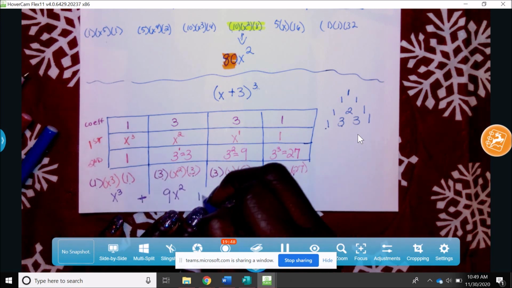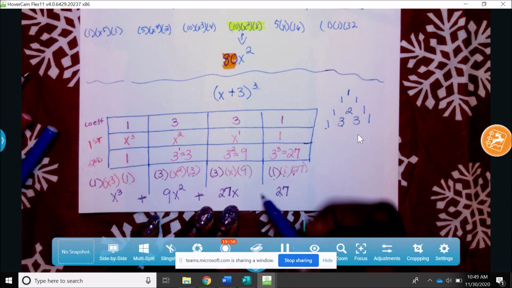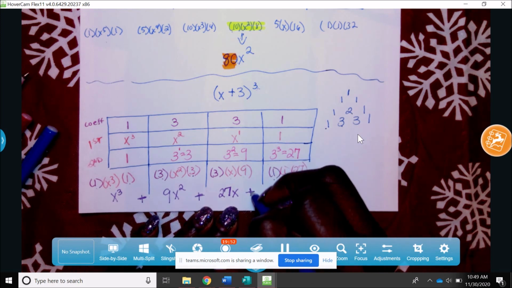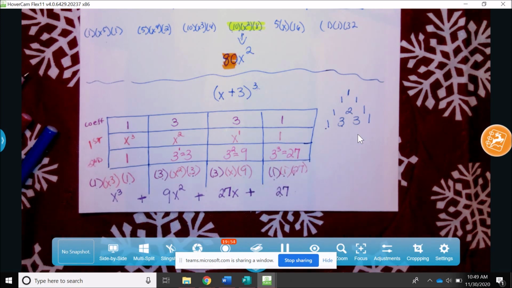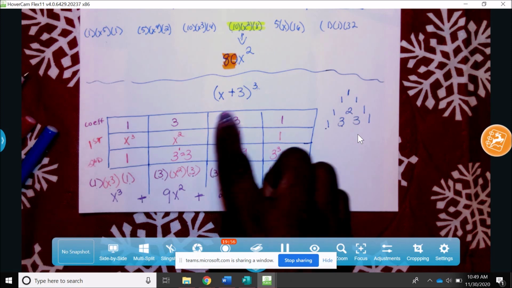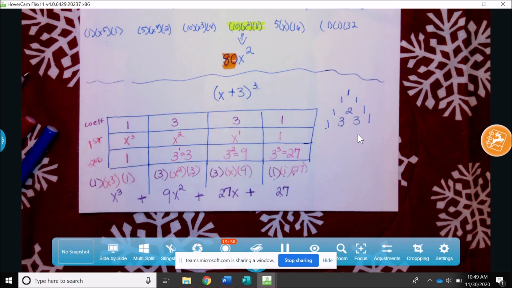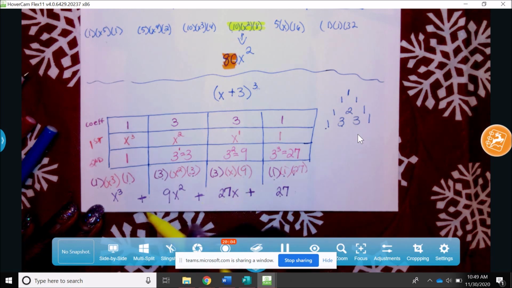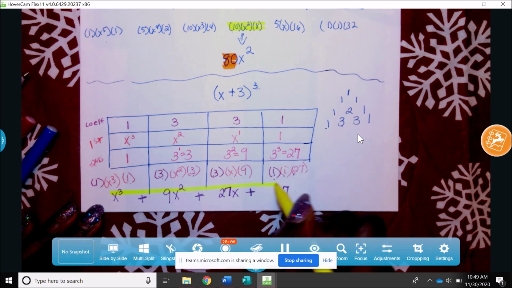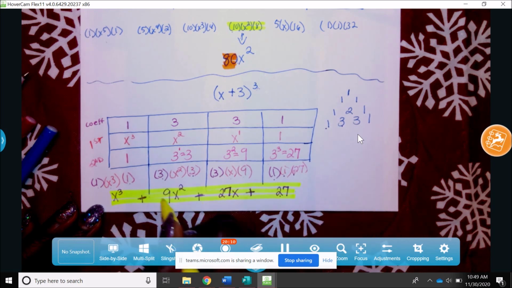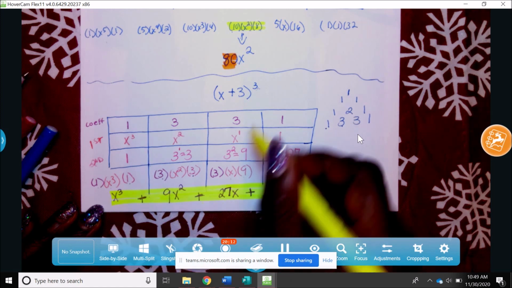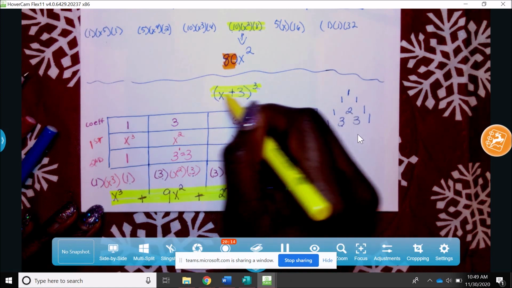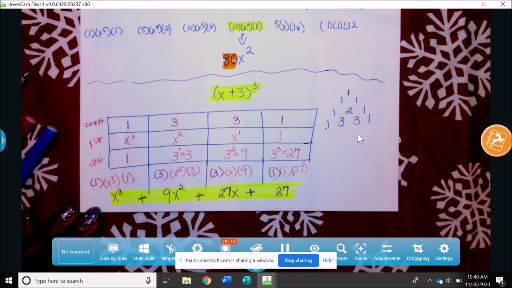Because this is a positive, a plus goes in the middle. And this is positive, so a plus goes in the middle. And now we have our answer. So x plus 3 to the third power expands to x cubed plus 9x squared plus 27x plus 27. And now I'll highlight it so we know exactly what the answer is for the problem that we were doing.